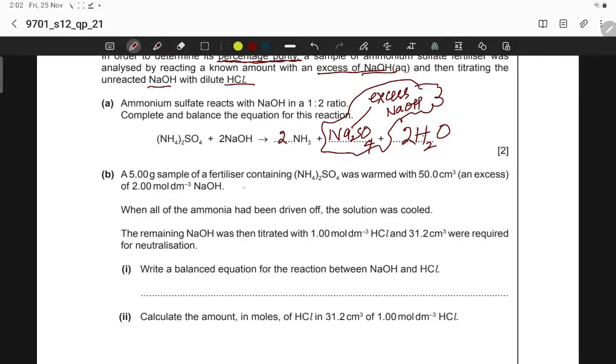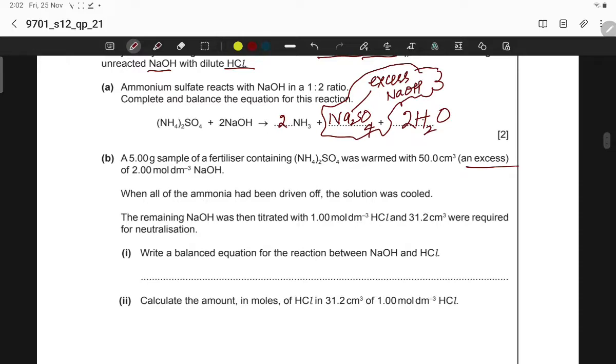A 5-gram sample of fertilizers containing ammonium sulfate was warmed with 50 centimeter cube of an excess of 2 mole per dm cube sodium hydroxide. Sodium hydroxide is used in excess, and when they react with each other, ammonia gas is formed and sodium sulfate containing excess sodium hydroxide.